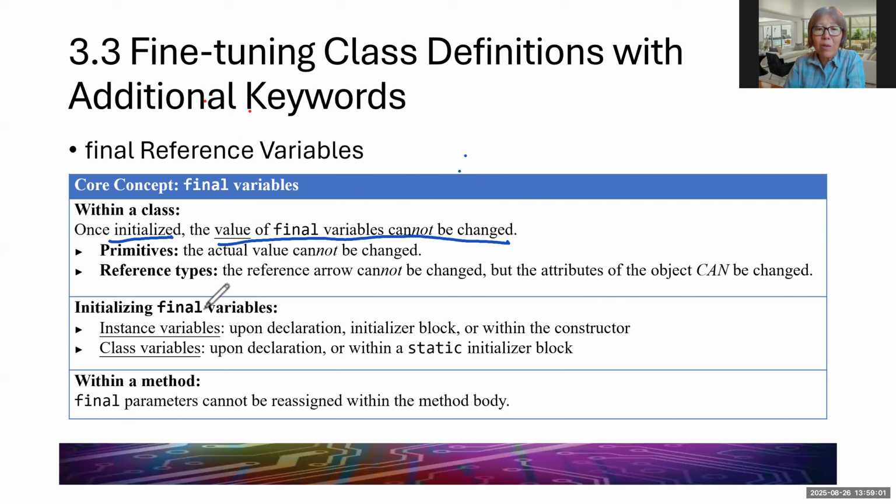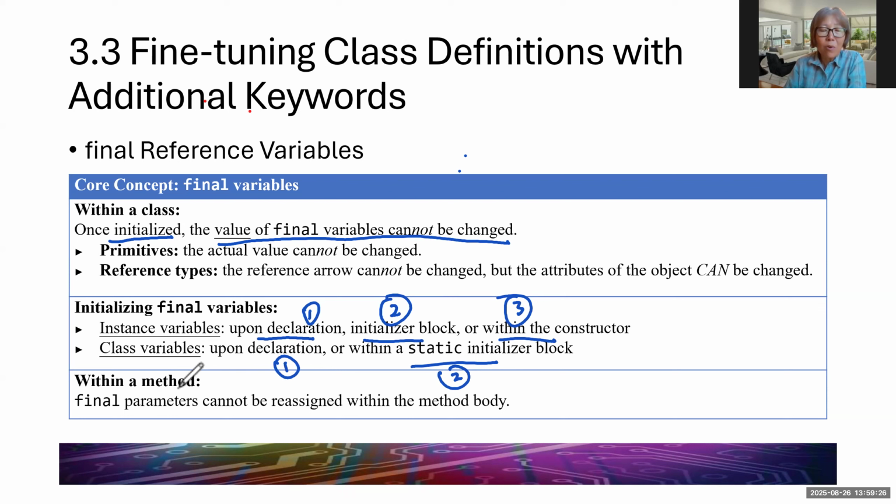Initialization: for an instance variable, you can initialize upon declaration. You can also use the initializer block or do it within the constructor. So three options that you can choose. For a class variable, you can either do it at declaration or within the static initializer block.